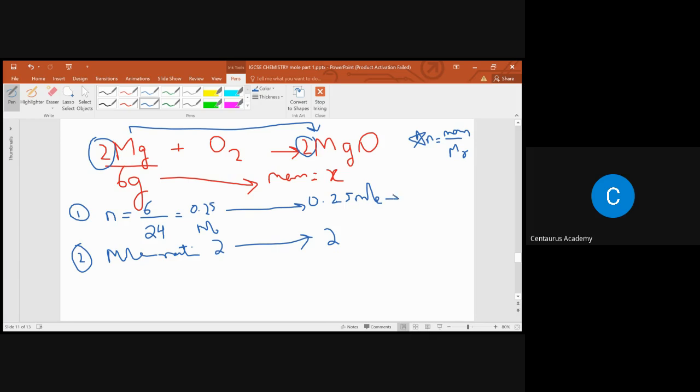From this, you can find out the mass of magnesium oxide. What will be the mass of magnesium oxide? Moles times MR. What is the MR of magnesium oxide? 0.25 times 40.